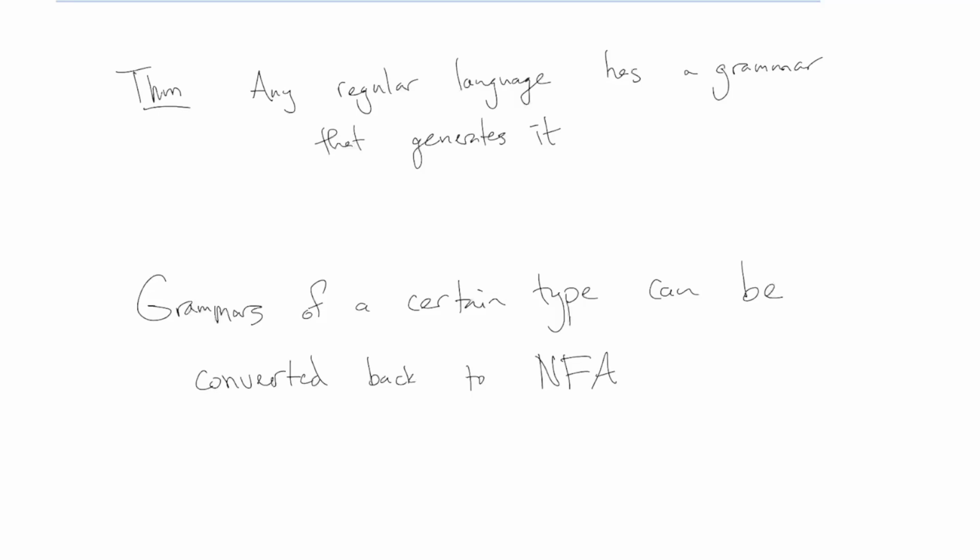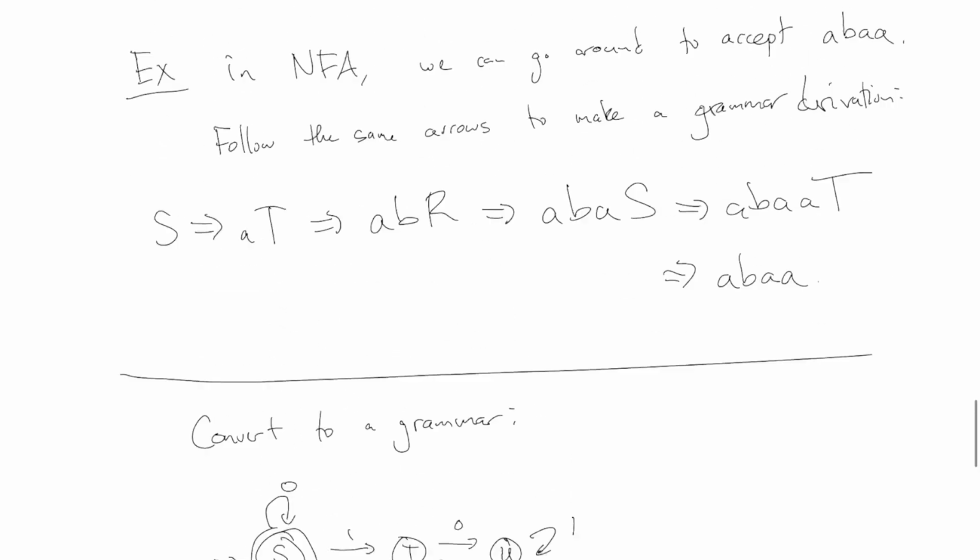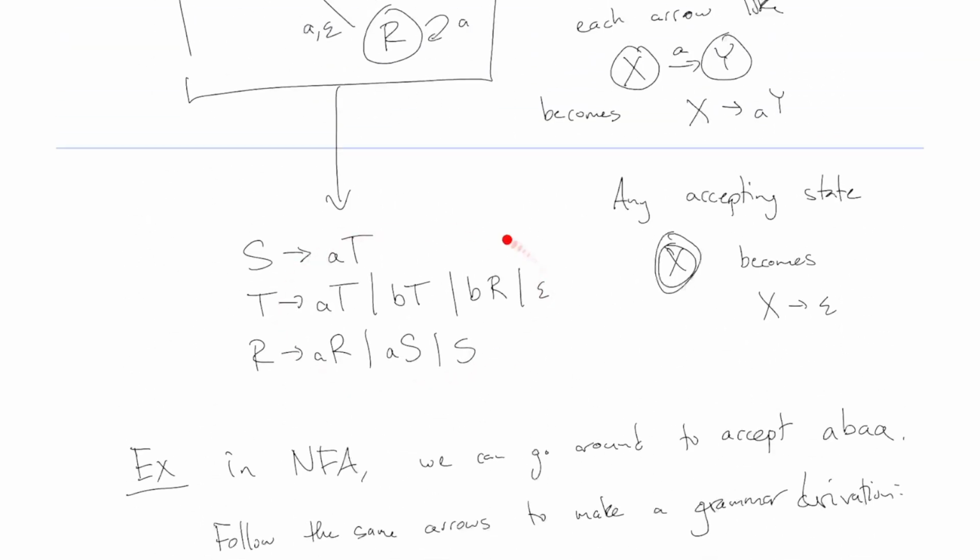Basically, the certain type is, if the grammar already looks like this. You'll notice, looking at this grammar, it has a very specific structure to it: all of the productions have a single terminal followed by a single non-terminal. If that's true, then you can draw an NFA based on what the grammar says.